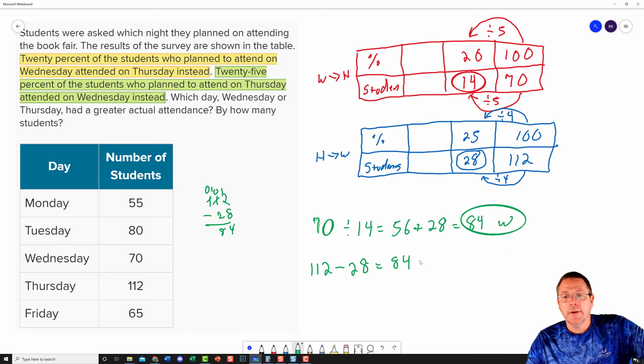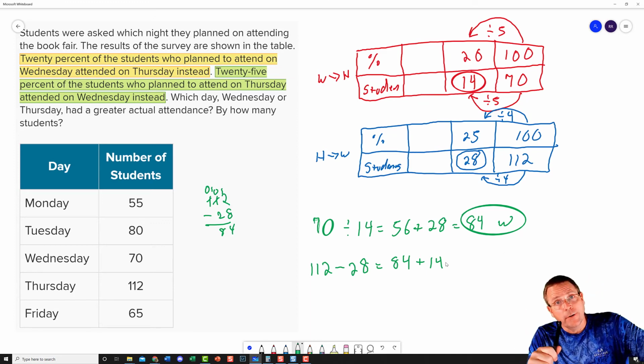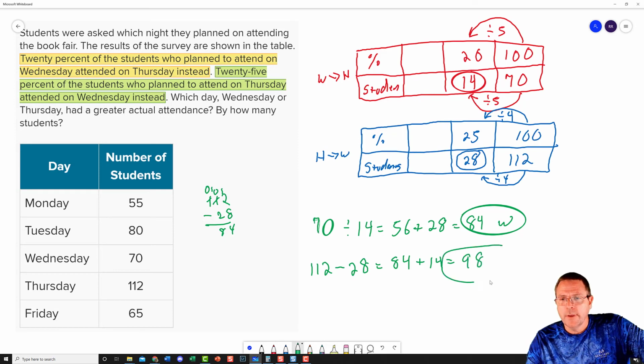And then we have to add to that the 14 kids who were going to go on Wednesday but are now going on Thursday. Are you following me? Told you this one was brutal. That is going to give me 84 plus 14, which is 98 students that showed up on Thursday.